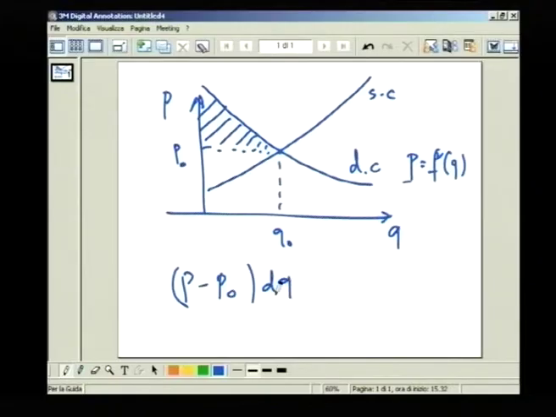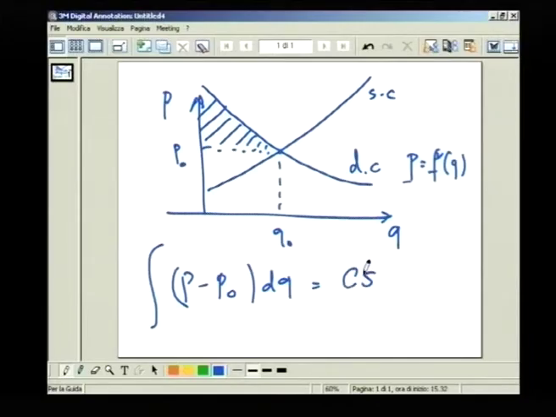They are gaining from the lower price, which is the equilibrium price. And if you integrate this, what you get is called the consumer surplus.